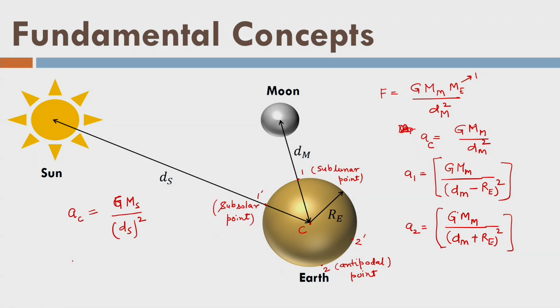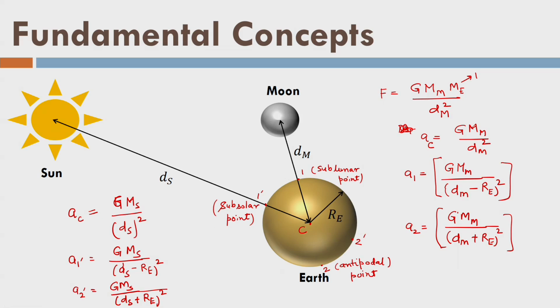Let us write A1 dash equal to G Ms divided by (ds minus RE) square, and similarly A2 dash equal to G Ms divided by (ds plus RE) square, like this.